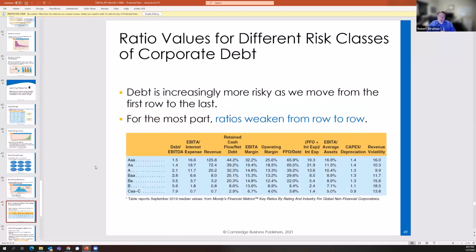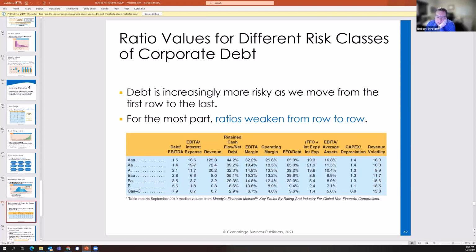And why is all that? Well, how does it correlate to what we're learning here? So what you can see here is all these ratios. If you're looking at a AAA and you're looking at your earnings before interest and tax over your interest expense, you see that there are certain thresholds.